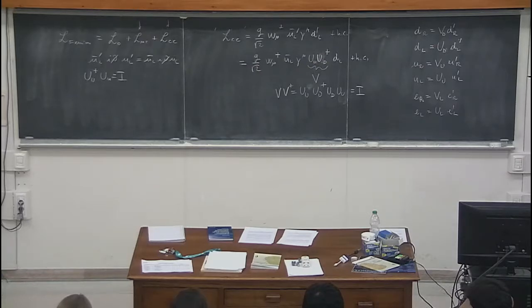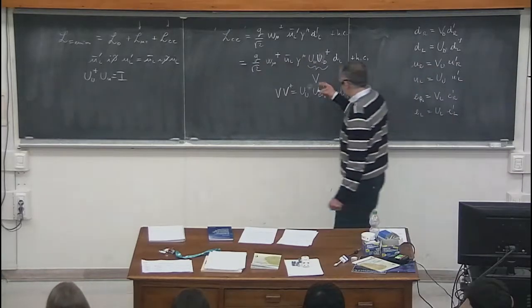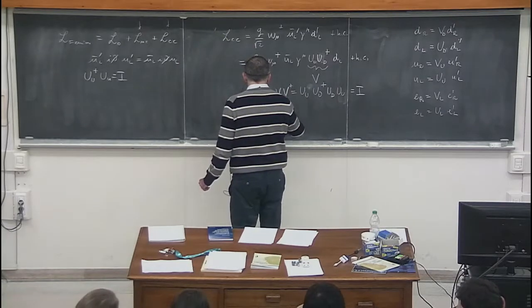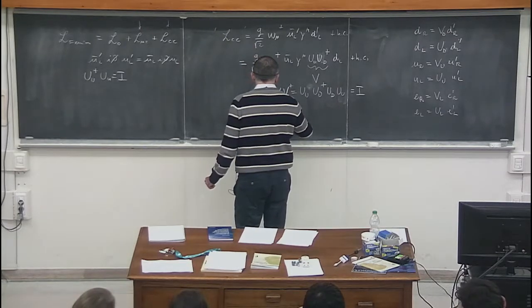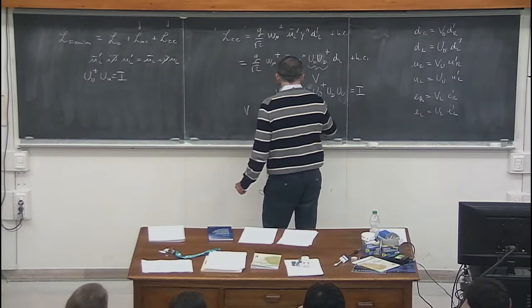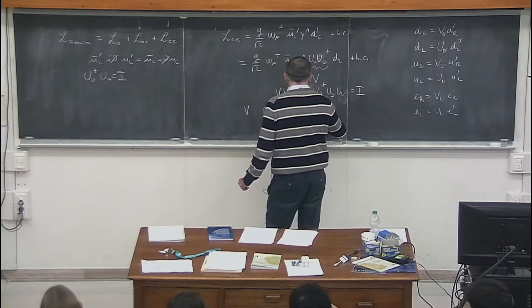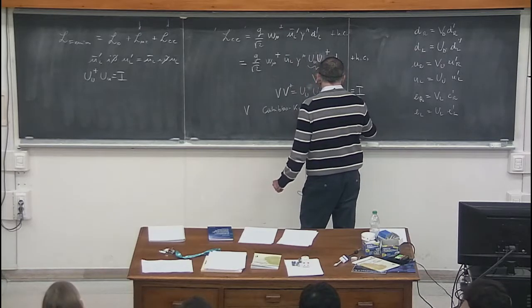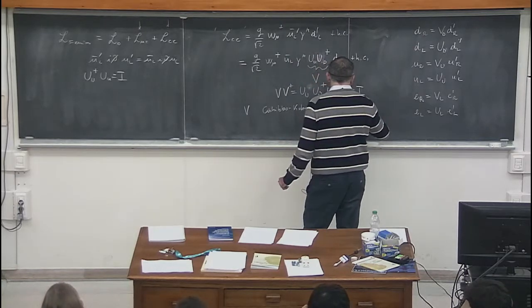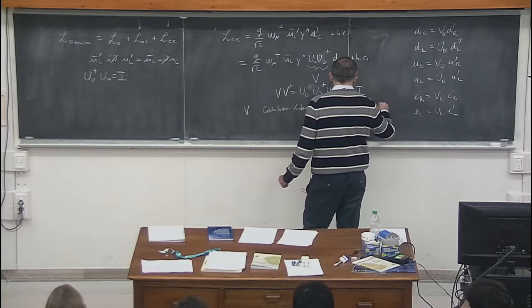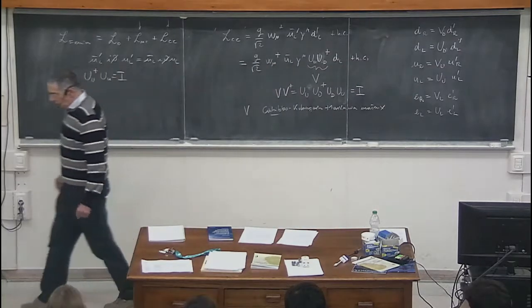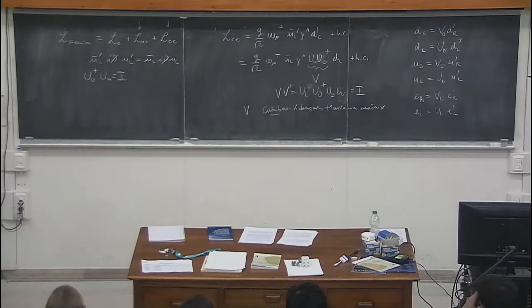This matrix V is what is usually called the Cabibbo-Kobayashi-Maskawa matrix. Nicola Cabibbo was the guy who realized that there is generation mixing at the level of the first and the second generation.